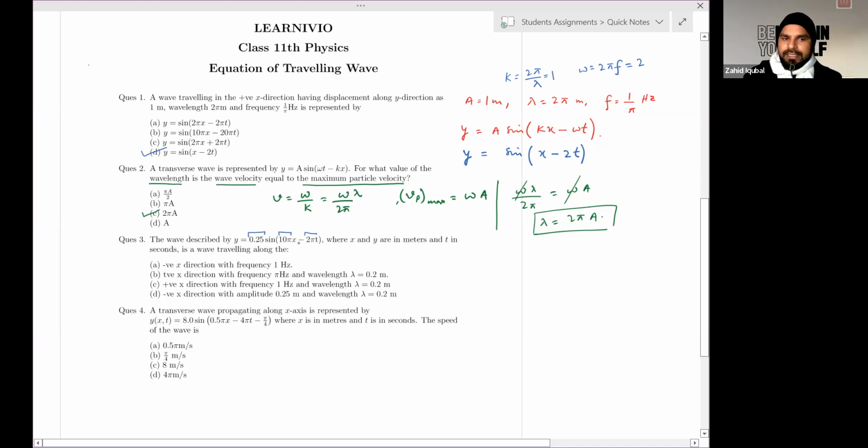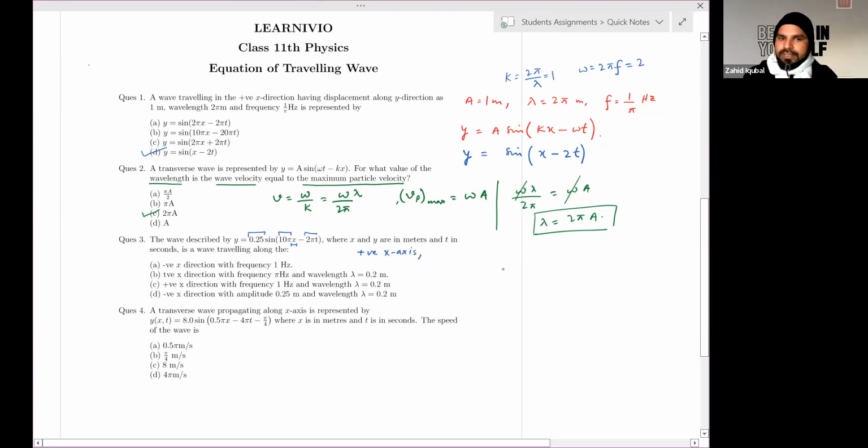There is a negative sign between these two terms, and the variable here is x. So we can say this wave is going towards the positive x-axis. So the direction of propagation will be the positive x-axis.